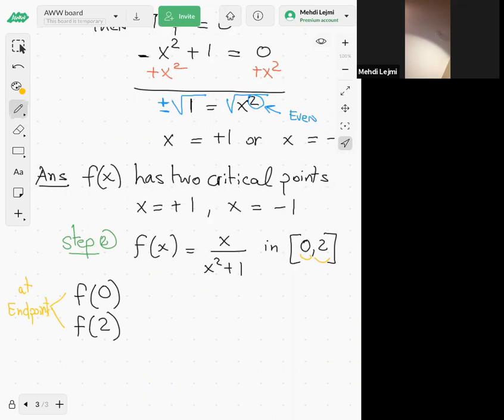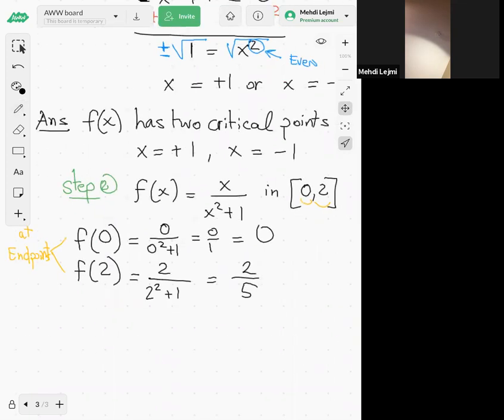So f of 0 would be 0 over 0 squared plus 1, which is 0 over 1, and that will be 0. 0 over a non-zero number is 0. Now, what about f of 2? That's 2 on the top, 2 squared plus 1, so that's 2 over 5. That's the value of the function f at the endpoints.